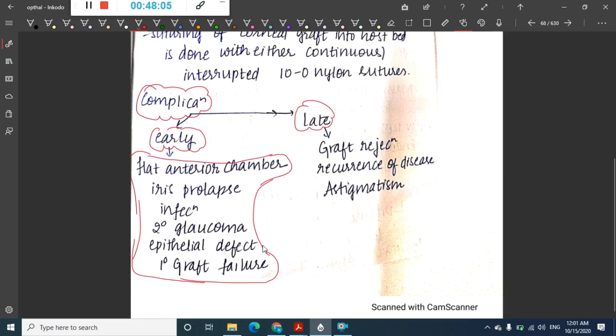In late complications we have graft rejection, recurrence of the disease, and astigmatism.